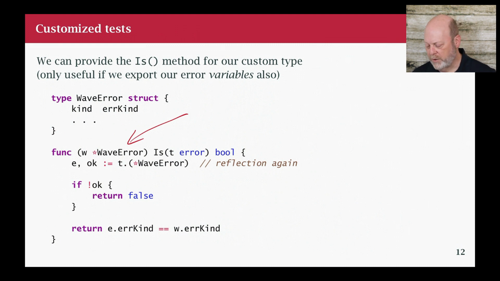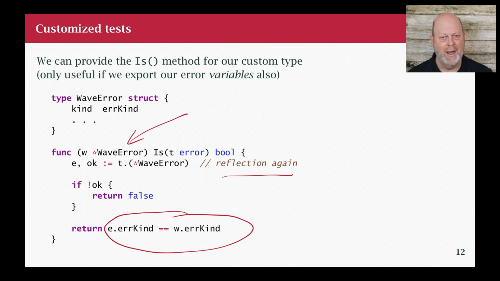Well, the first thing I've got to do is use reflection. And again, I'm going to punt; I'll describe reflection a little bit later. But I'm asking first, is it my type of error? Is it a wave error? And if it is, that means I can go and get the tag and then say, okay, it's one of my wave errors. Does it have the same tag? And my logic is if the tag is the same, then it's that kind of error. The fact that it has a different underlying error or a different position value or something doesn't matter.